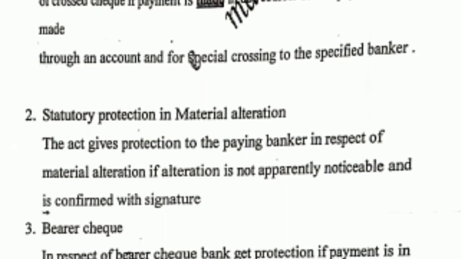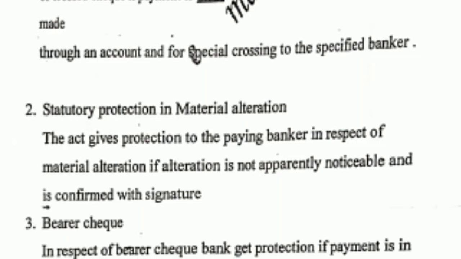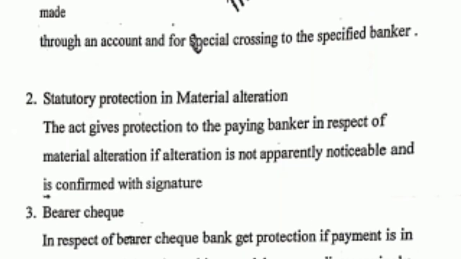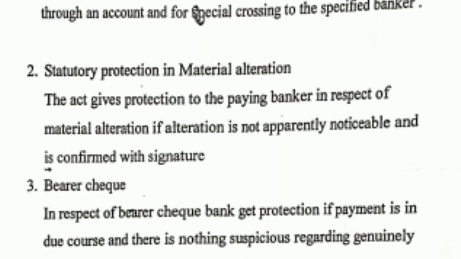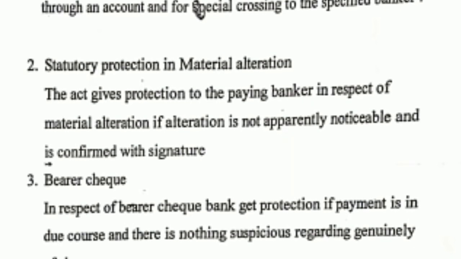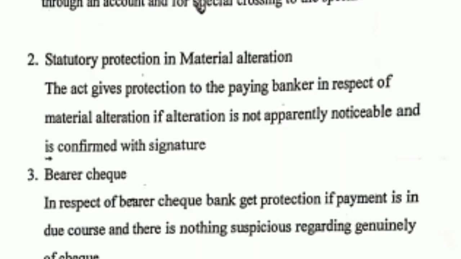Like guys, there are many cases where the check is lost and the check goes to another person and he goes and withdraws. What happens? He gets the money, and the mistake was the customer's. So the customer can call and give information that a particular check is lost by him. So the bank will block his account.